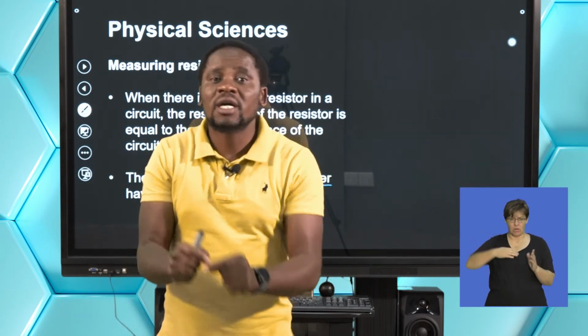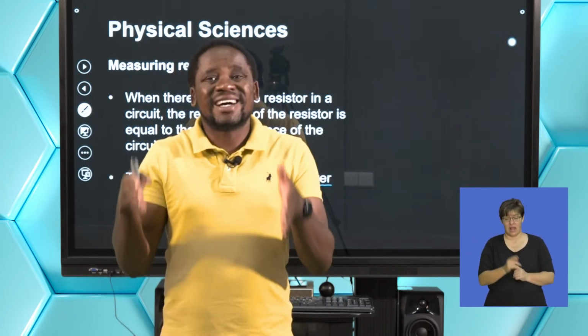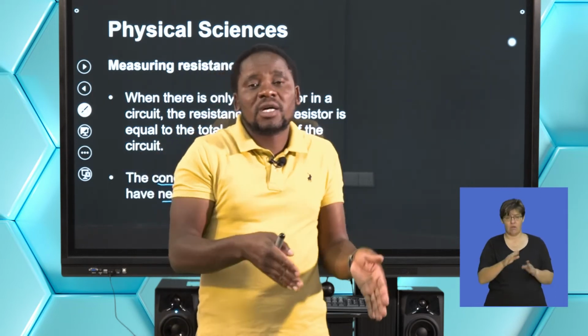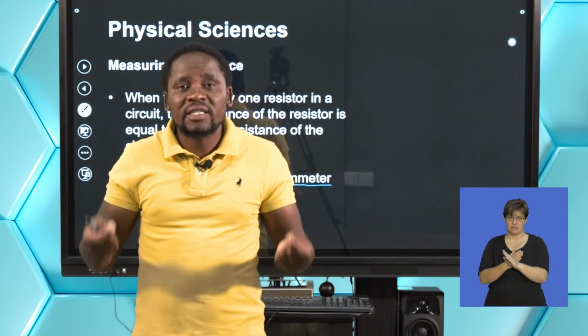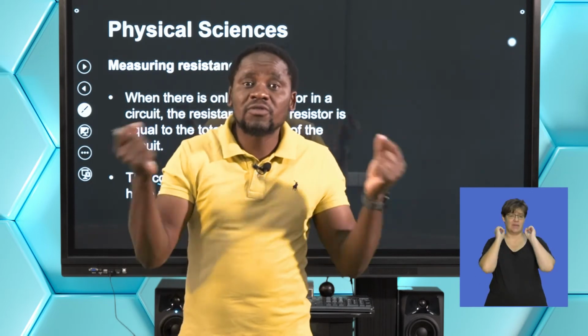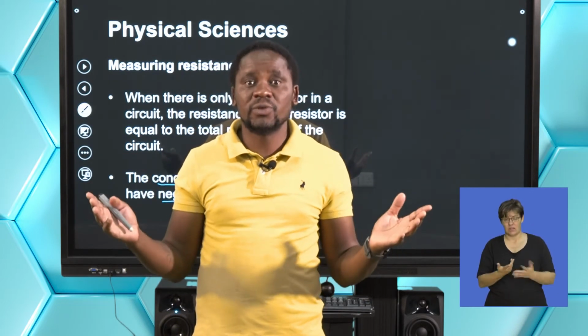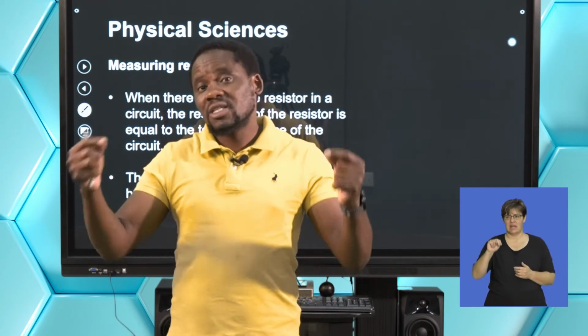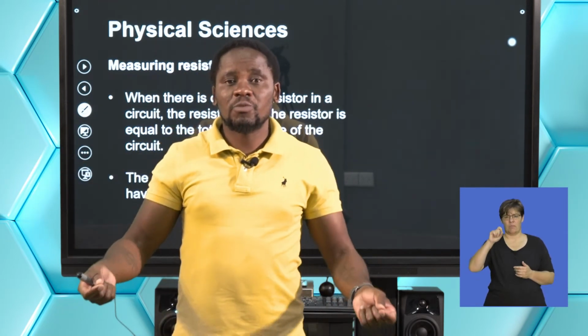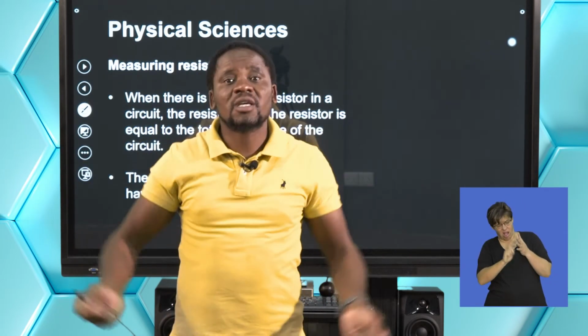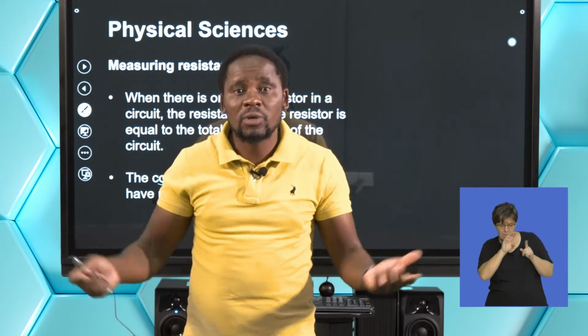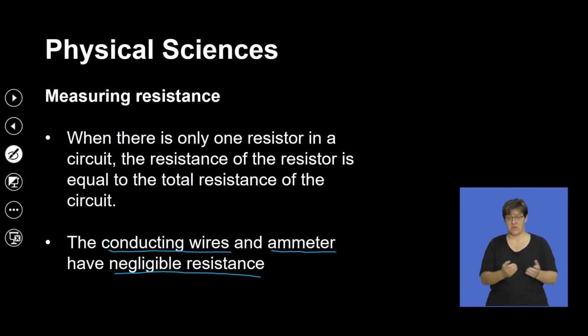So all the current will pass through the ammeter. The ammeter in itself, as well as the conductor, do not provide any opposition to the flow of charge. That's the main thing when we say it's negligible. So the term negligible resistance will be used in many of the circuits that we shall explore as we go along, right?